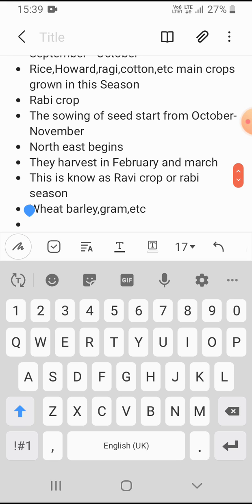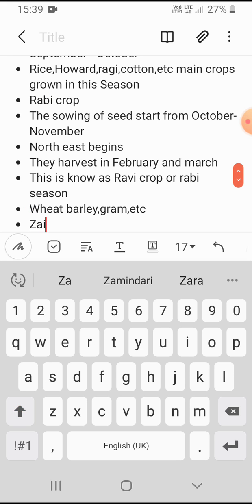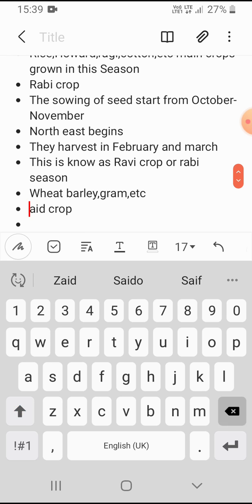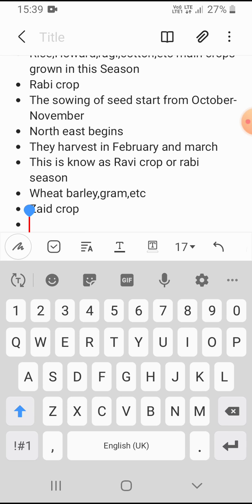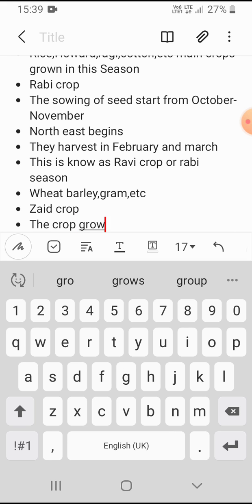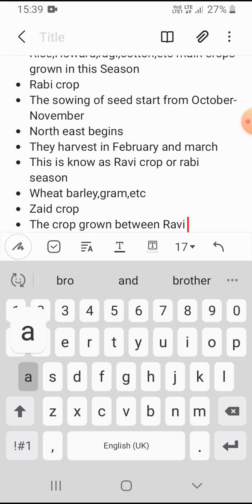Next is Zaid crop. Let's know what Zaid is. This is the crop grown between the Rabi and Kharif season.